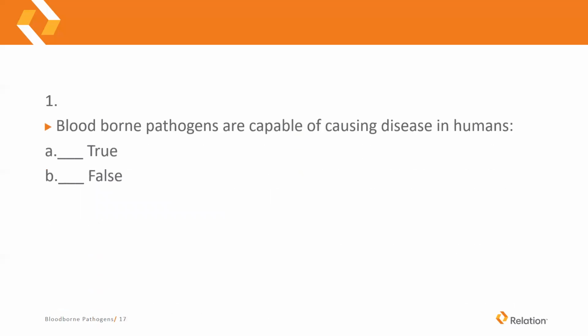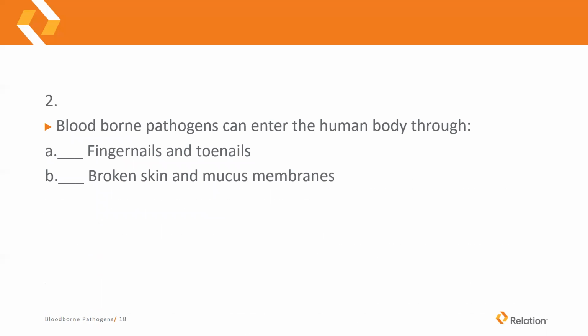Number 1, bloodborne pathogens are capable of causing disease to humans. True or false? Number 2, bloodborne pathogens can enter the human body through A, fingernails and toenails, B, broken skin and mucous membranes.